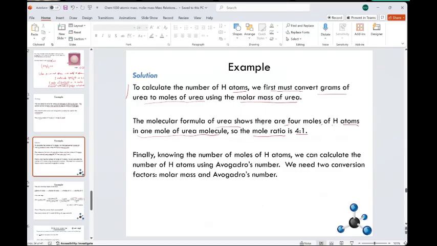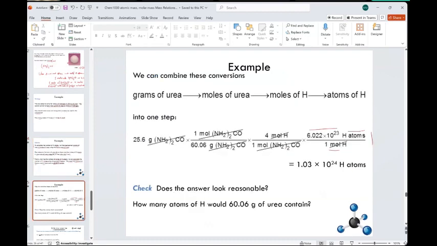Finally, knowing the number of moles of hydrogen atoms, we can calculate the number of hydrogen atoms using Avogadro's number. We need two conversion factors, molar mass and Avogadro's number. So this is your solution.